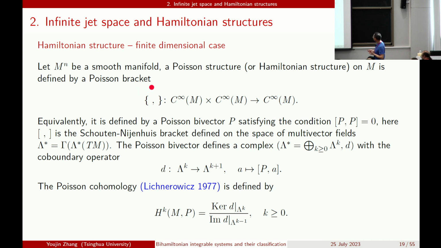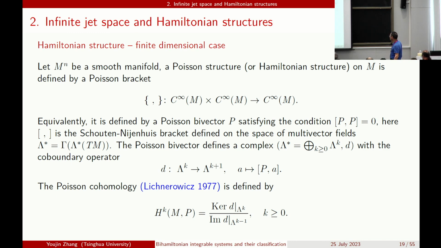On the Poisson manifold we have a Poisson structure, meaning that on the space of smooth functions we have the Poisson bracket, which can be described by a so-called Poisson bivector. A bivector is a Poisson bivector means that its Schouten-Nijenhuis bracket is equal to 0. This Schouten bracket I will describe later.